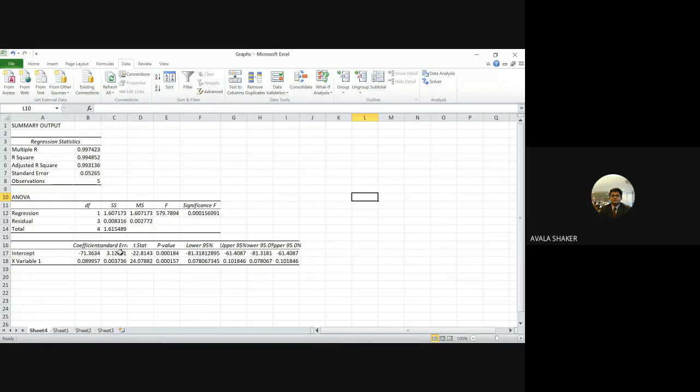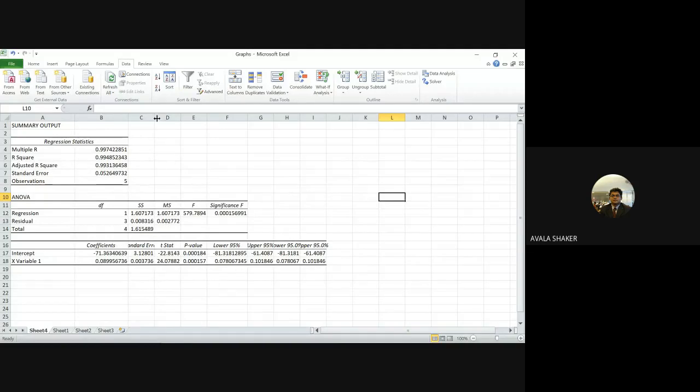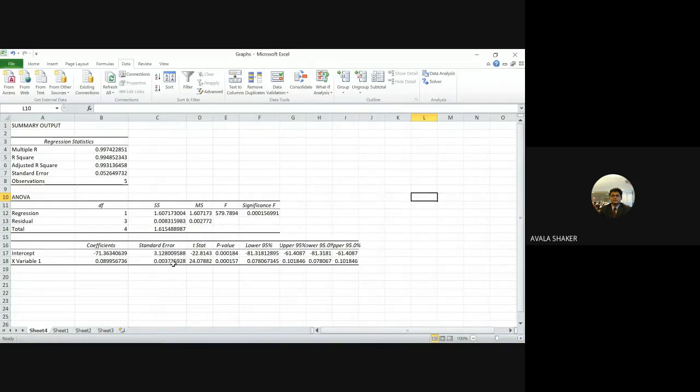This is the intercept of 71 point something, and the X variable value. So, coefficients. This is the standard error in each one. So here you have the intercepts.